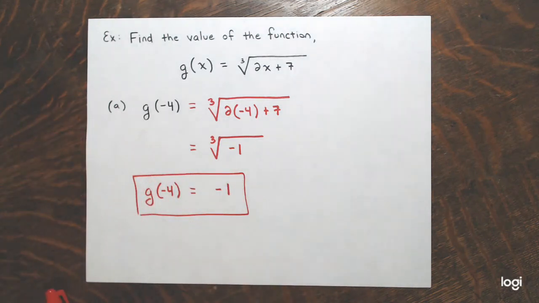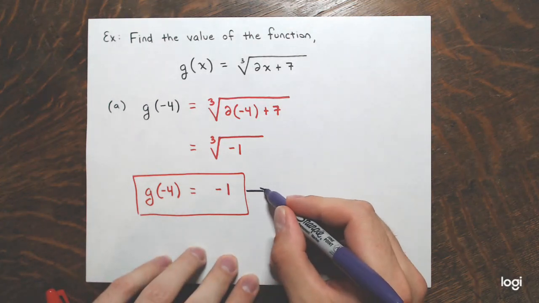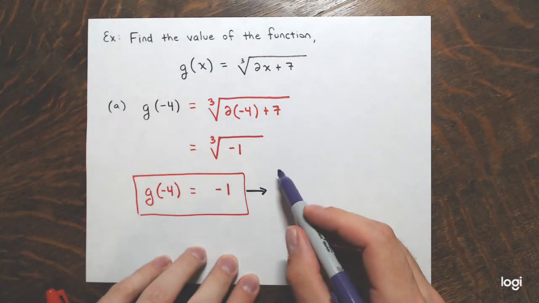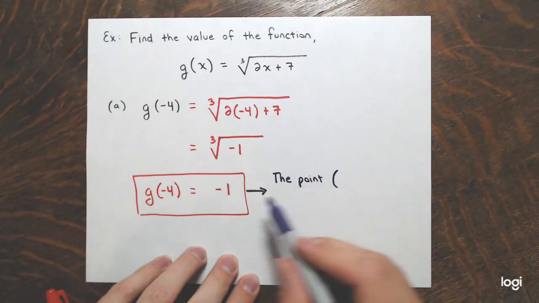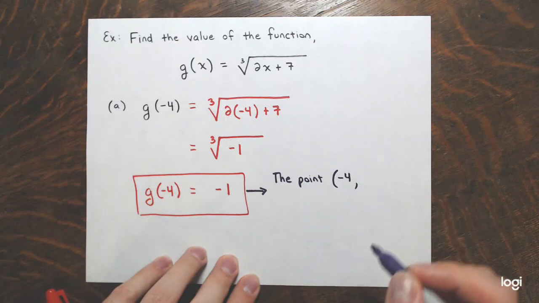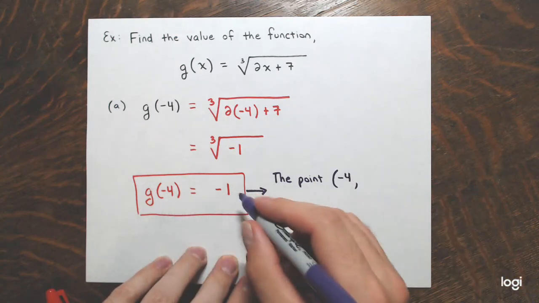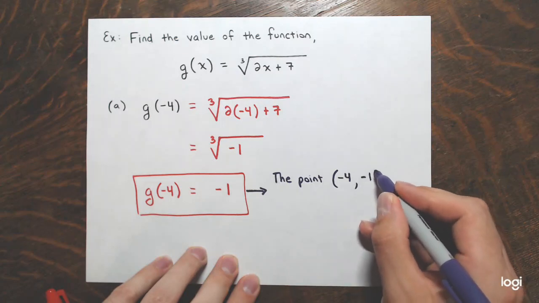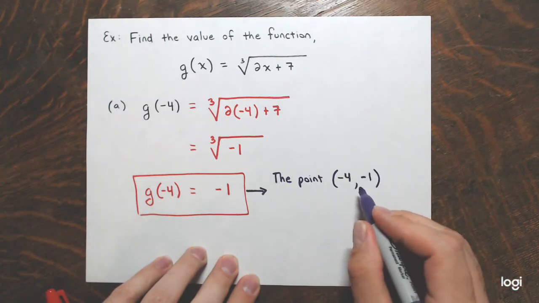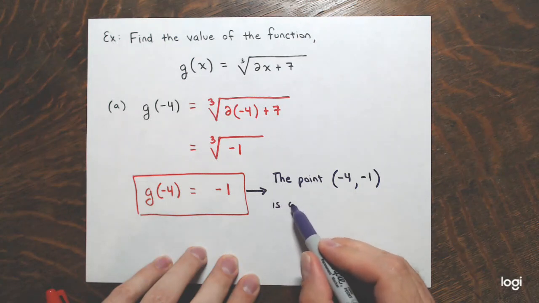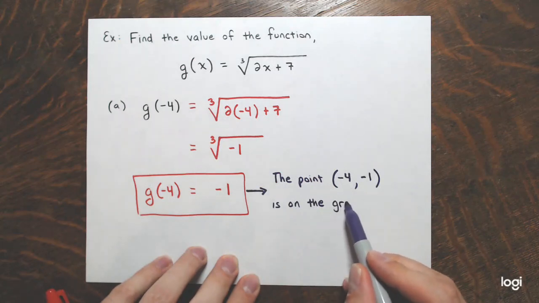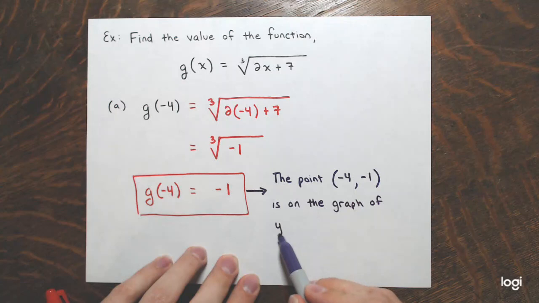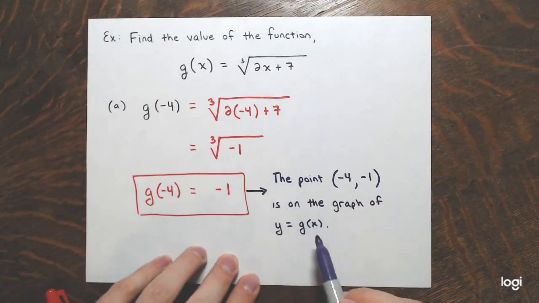And then again, to state what I stated the last two parts, the last two pages: another thing this means is that the point, or the ordered pair, with input -4, x coordinate -4, comma, output g of -4, the output is -1, that point, that I would plot on the graph, is on the graph of this function g, or is on the graph of y equals g of x, or you can just say on the graph of g.